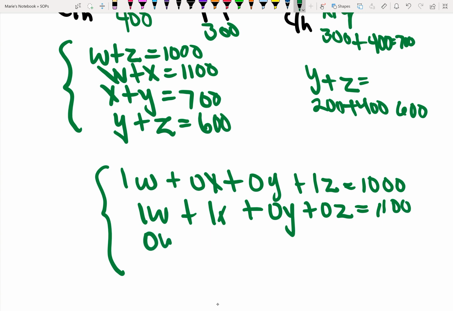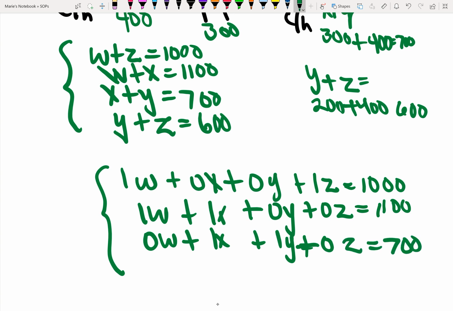We have 0w plus 1x plus 1y plus 0z equals 700. You have 0w plus 0x plus 1y plus 1z equals 600.